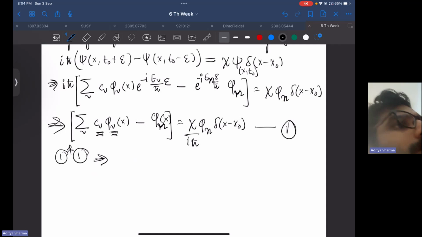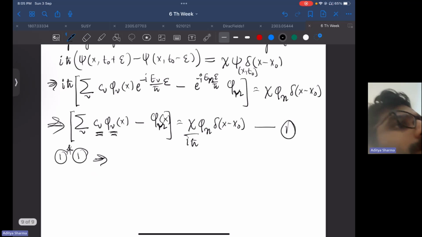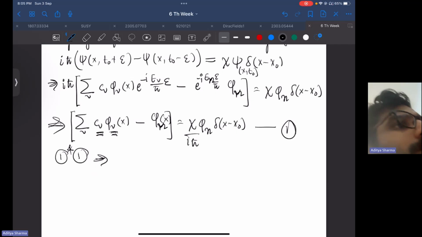So if we do the integral over the states, we're going to have the sum of C_n naught squared equal to the sum over n of C_n squared minus delta. Well, let me do this properly.